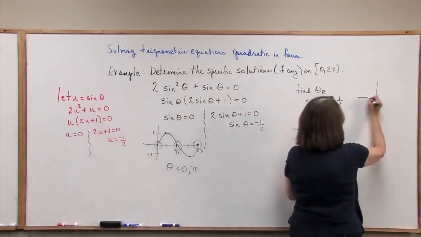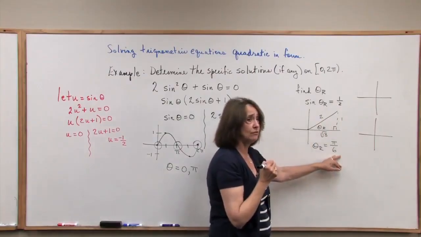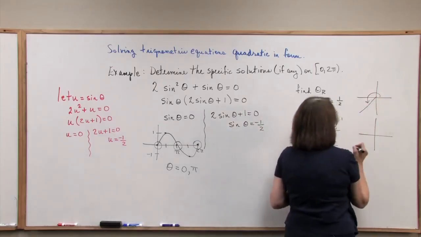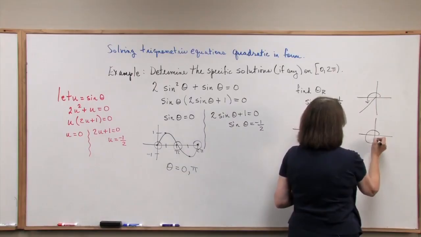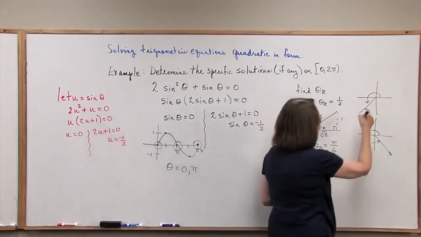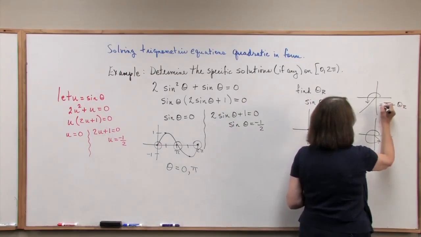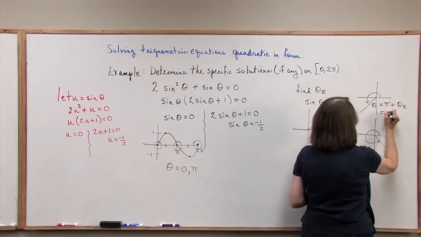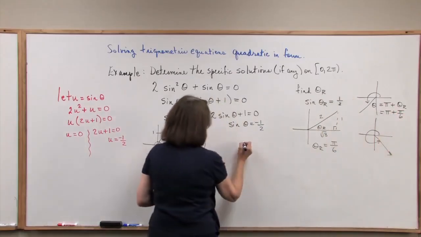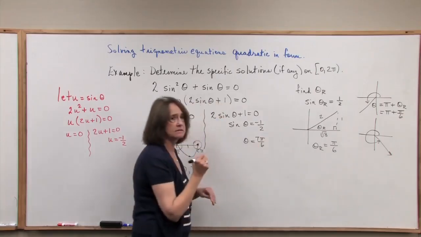We want the two quadrants where the sine function is negative. Quadrant 3 will give us a solution. Quadrant 4 will give us another solution. In quadrant 3, we need pi plus the reference angle, pi plus pi over 6, which will give us 7 pi over 6.